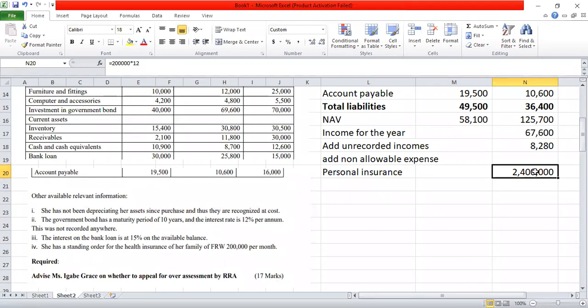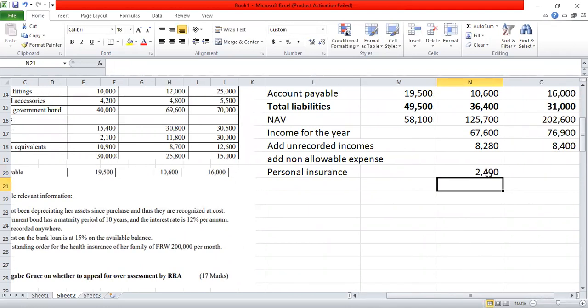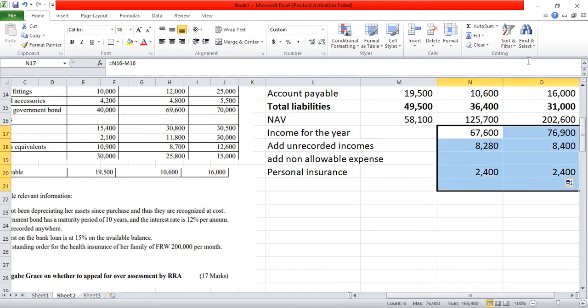Oh, we remove 3 zeros, eh? So we add here, we shall get how much?